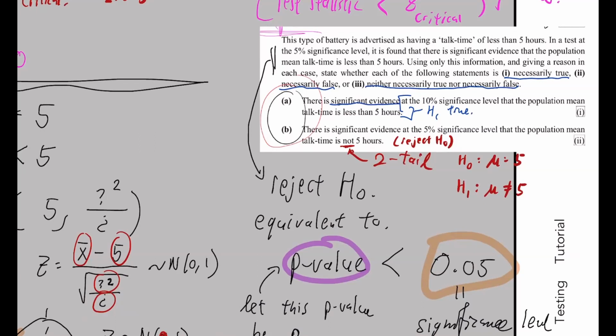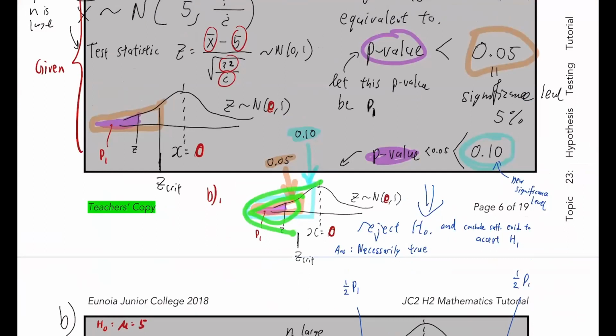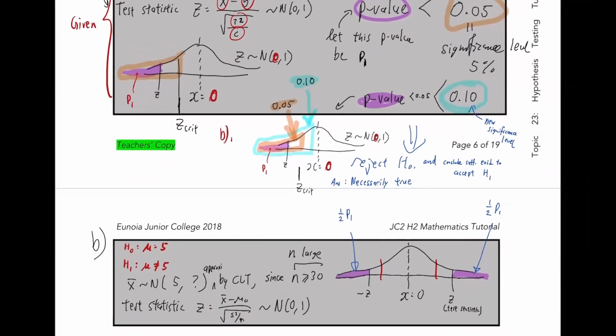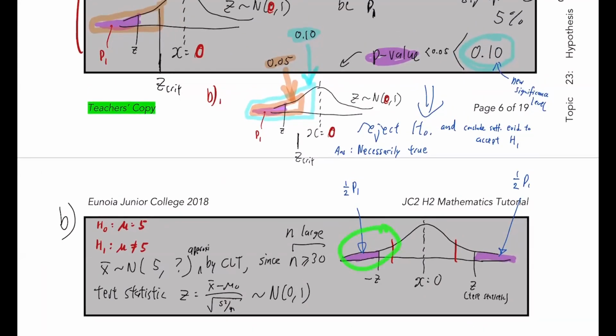The significance level? Yes, correct. Previously, we got an orange area on the left tail, then a blue area, the 5% and 10%, right? Now my question is, in a two-tail test, what happens to your 5% and your 10%? My answer is it will also split in half. So we need the sum of the 2 critical regions to add up to the significance level.